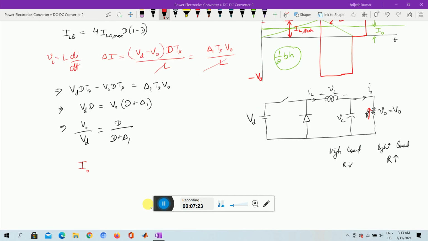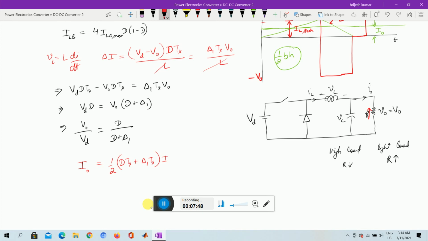So we can write I0 is equal to half, what is the base? The base value is dTs plus del 1 Ts, that is the total base, and the height is IL peak.